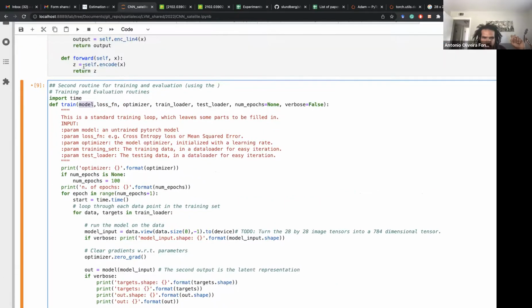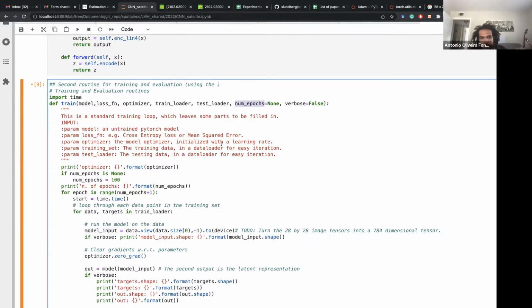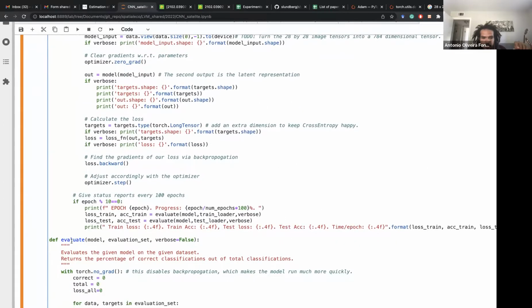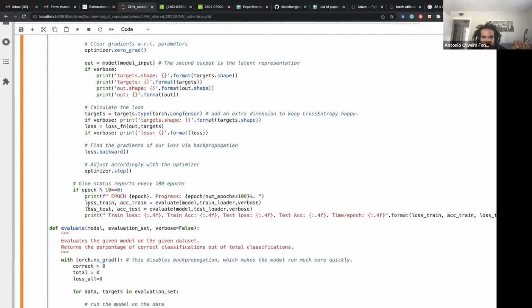So I'm going to define a model outside. I'm going to say what's the criterion, the optimizer, and I'm going to pass both the train loader and the test loader and the number of epochs that I want to use. And then this whole thing is going to happen within this function. I also have an evaluate function that's going to be called every 10 epochs, just so I can see how the model is doing, both on the train data set and the test data set.